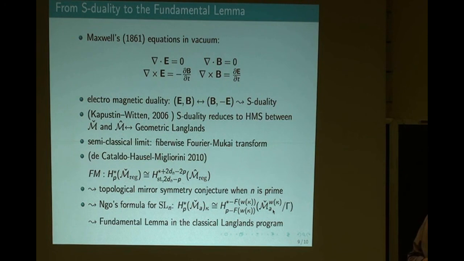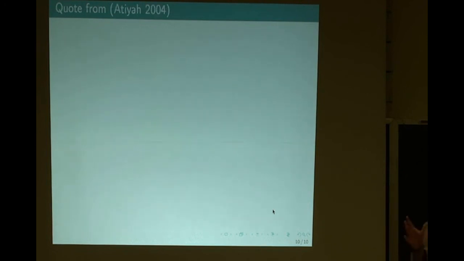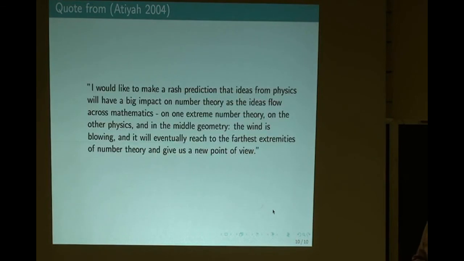So I would like to finish with a quote from Atiyah. Before he received the Abel Prize, in an interview, he made this prediction: "I would like to make a rash prediction that ideas from physics will have a big impact on number theory, as the ideas flow across mathematics, on one extreme number theory, on the other physics, and in the middle geometry.